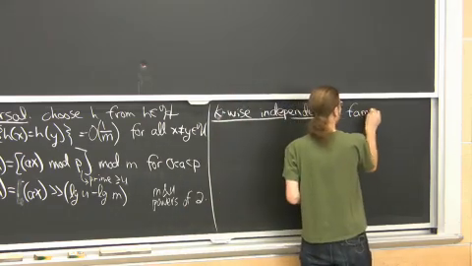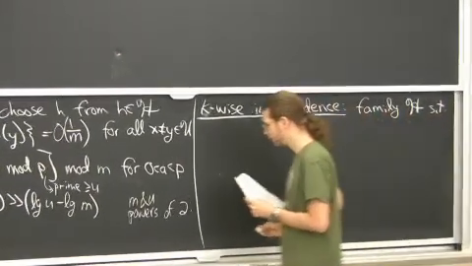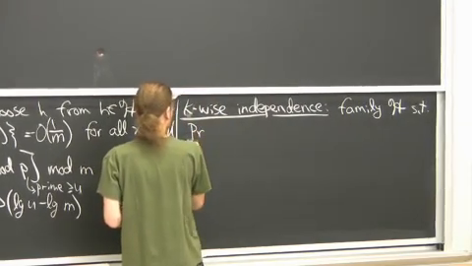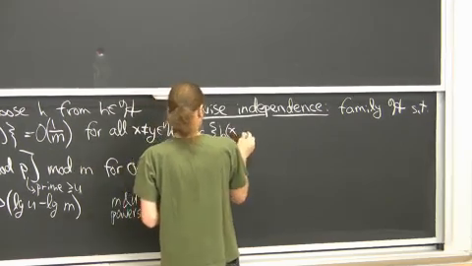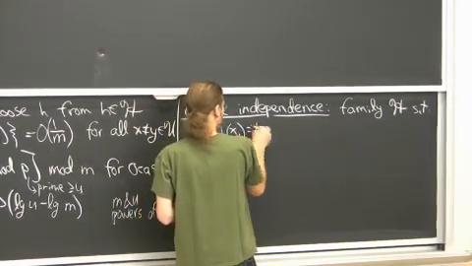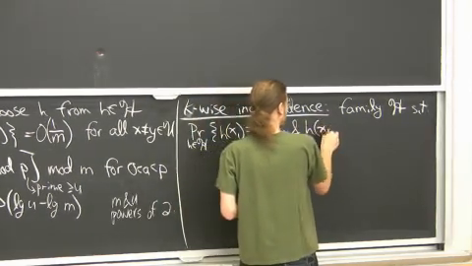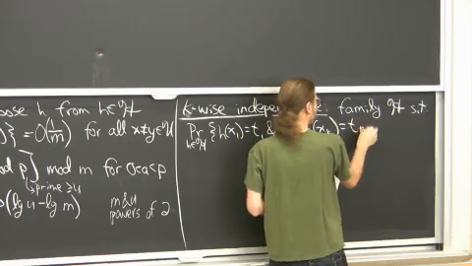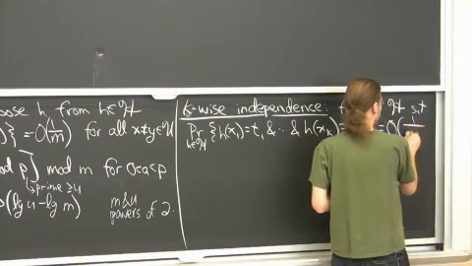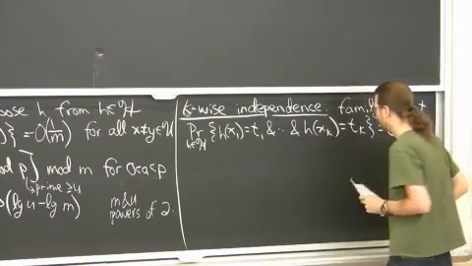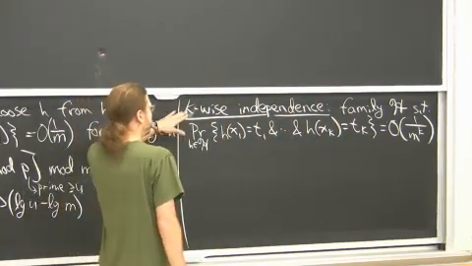So we want a family of hash functions such that, maybe let's start with just pairwise independence, k equals 2.